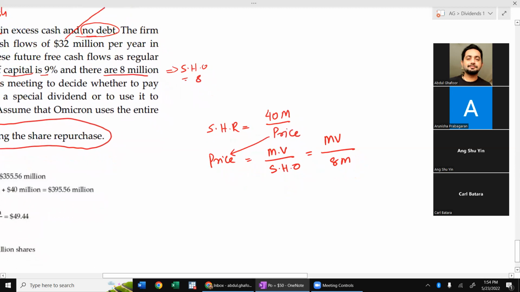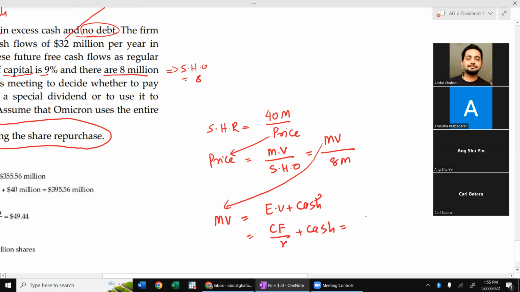What is the alternative way? We can calculate the market value as enterprise value plus cash. So this is the formula that we can use. In other words, enterprise value is equal to CF divided by R.